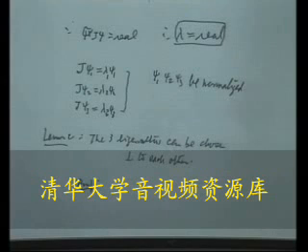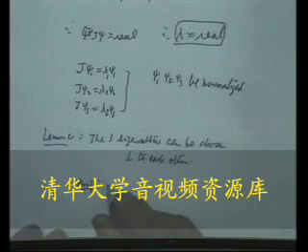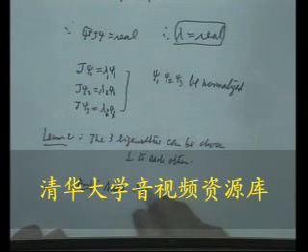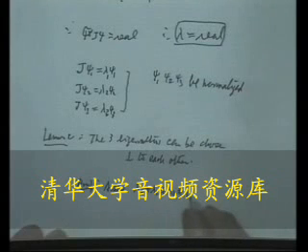First, assume the 3 eigenvalues to be not equal. Assume lambda 1 not equal to lambda 2, not equal to lambda 3, not equal to lambda 1.